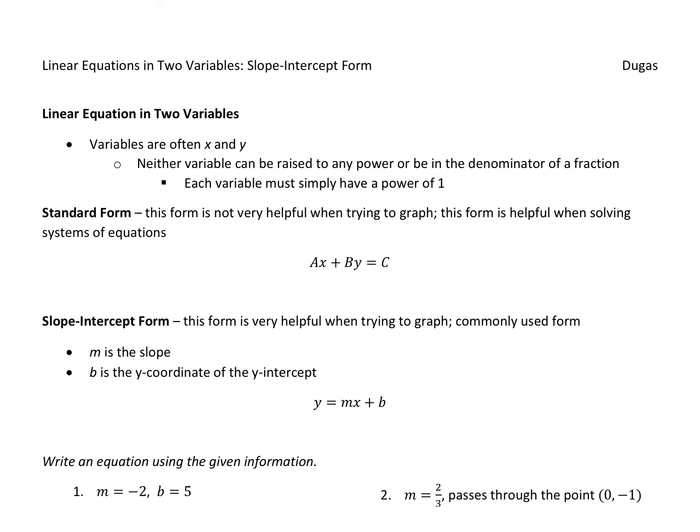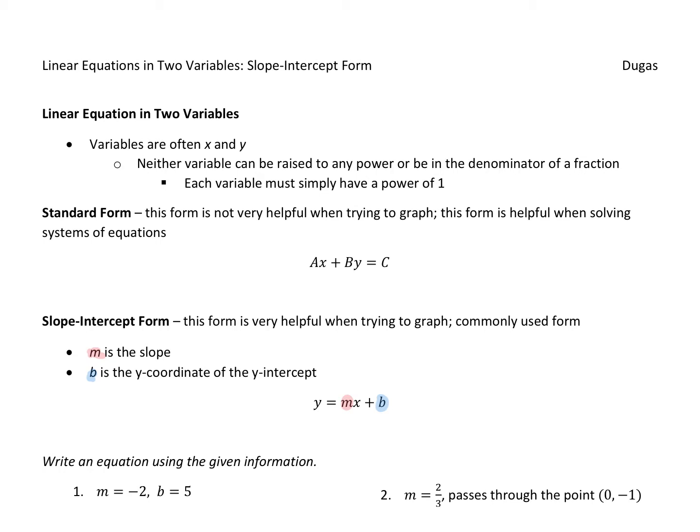It gives you the slope. It gives you the y-intercept from the formula directly. So you'll see that the slope is m. That's always the coefficient of x, the number in front of the x when it's in this form. B is the constant. That's going to give you the y-intercept.